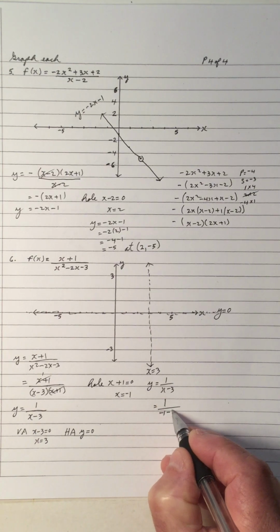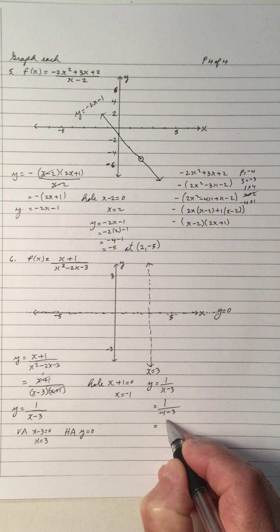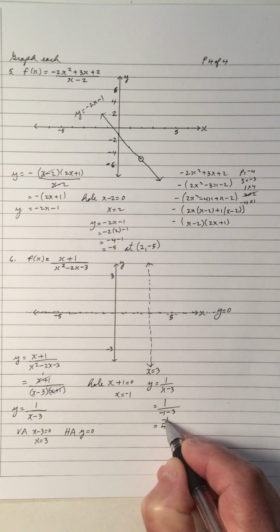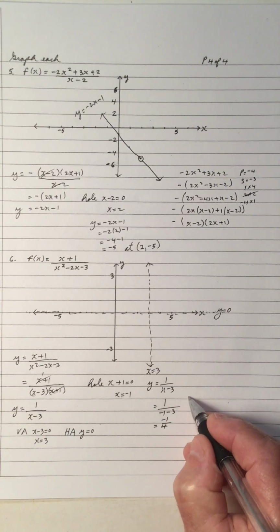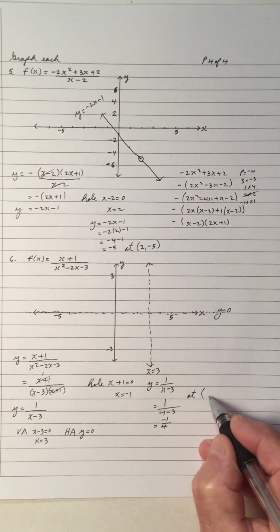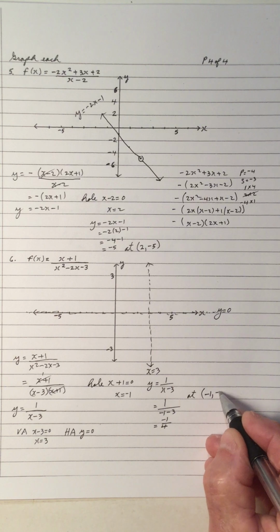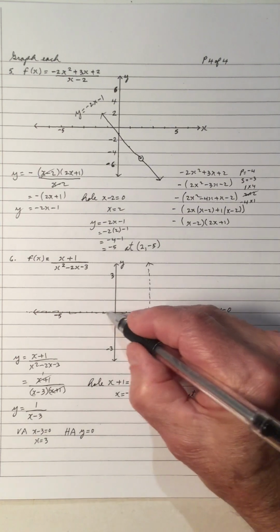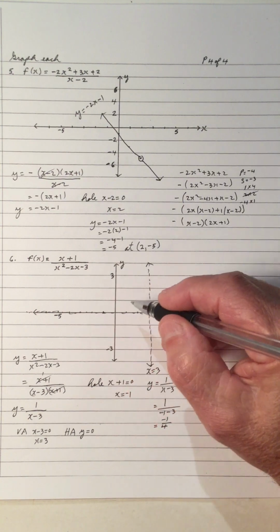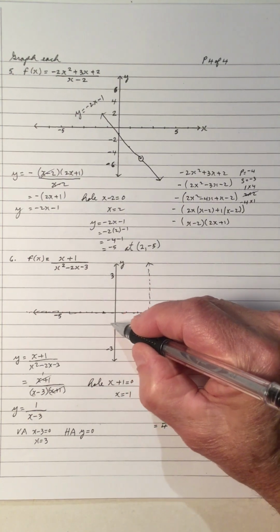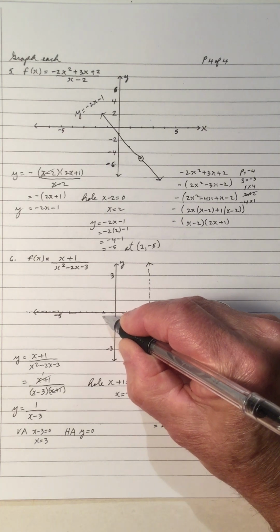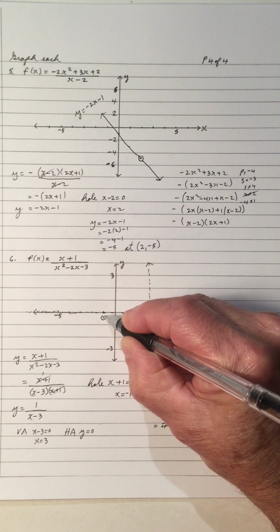So negative 1 minus 3 is 1 over negative 4, which is negative 1/4. So the hole is at negative 1, negative 1/4. x is negative 1 here, and this is negative 1/4, so let's say the hole is right there.